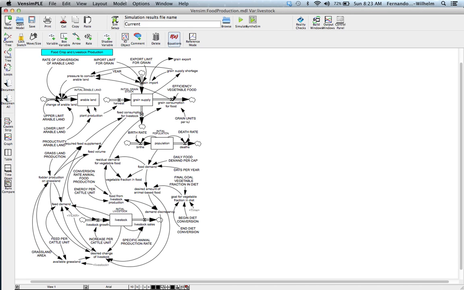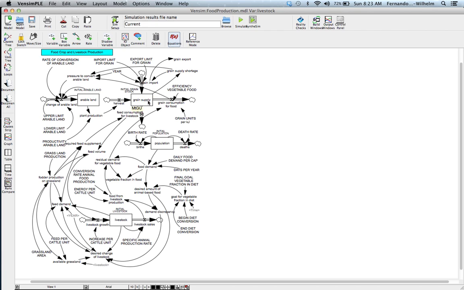Now there's an interesting dynamic here that I haven't mentioned in the arable land. If you look at what's coming into the grain supply, these imports, depending on how much these imports are needed, then you have another secondary trade-off between importing grains.